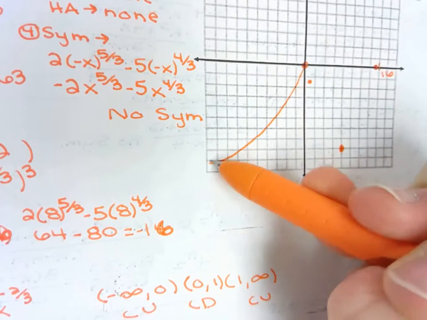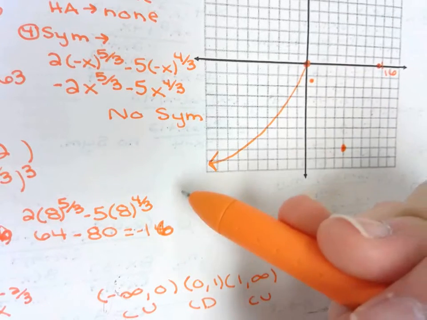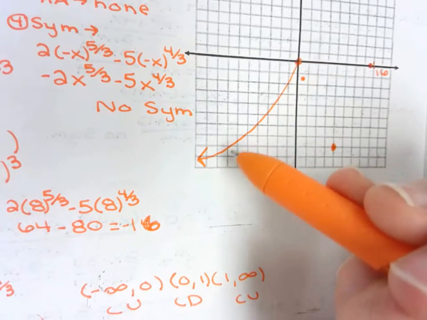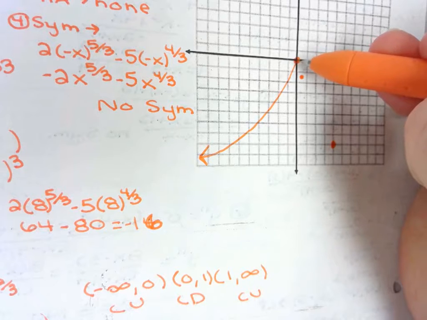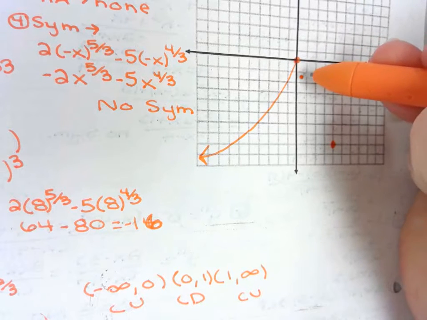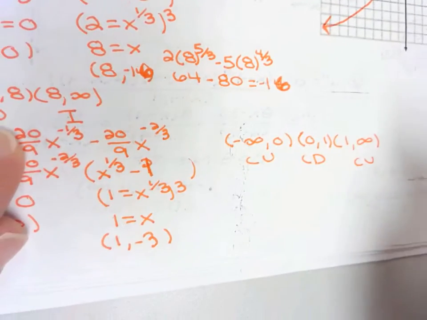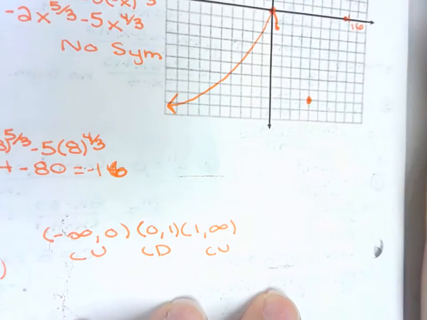So something like that. I'm going to have the smiley face curve, and I'm increasing. Doesn't have to be perfect because it's not approaching an asymptote. From 0 to 1, I am decreasing, because from 0 to 8 I'm decreasing, so I'm going to be decreasing, concave down, so frowny face, something like that.